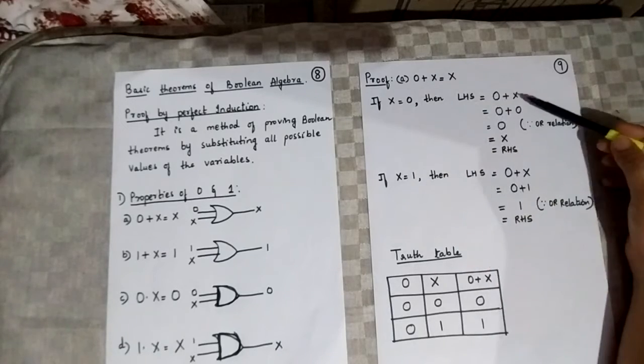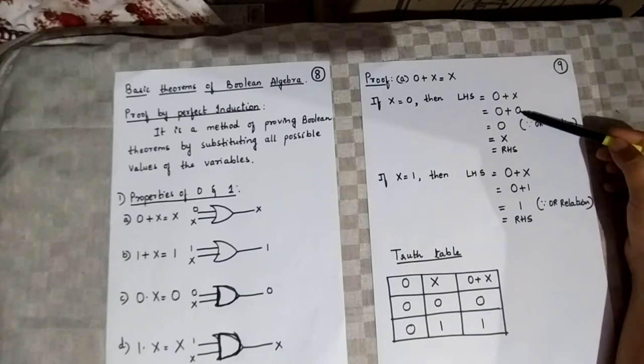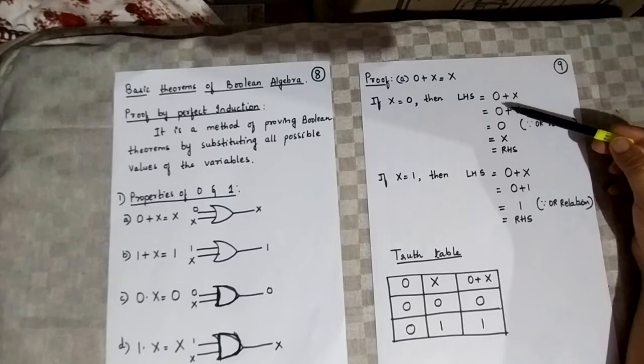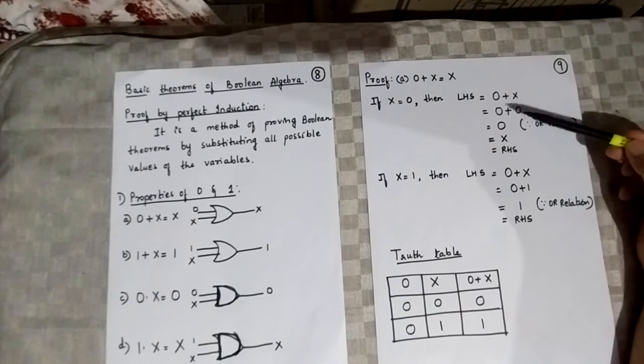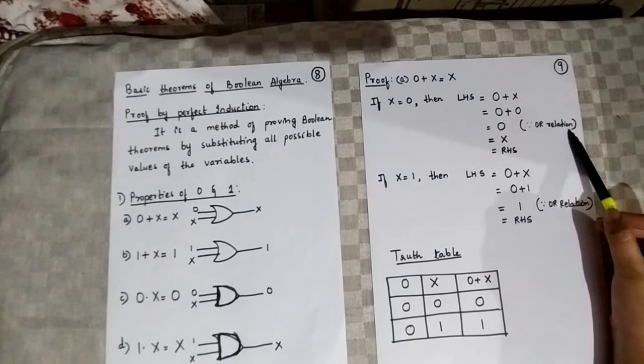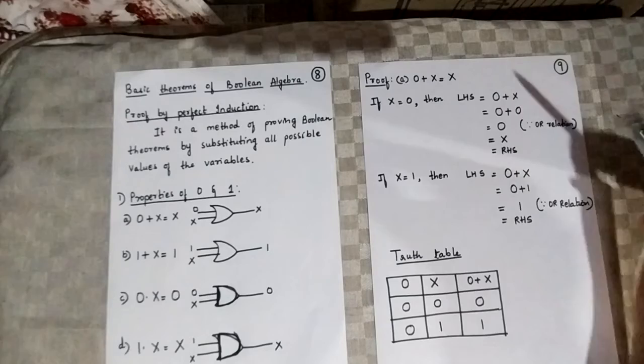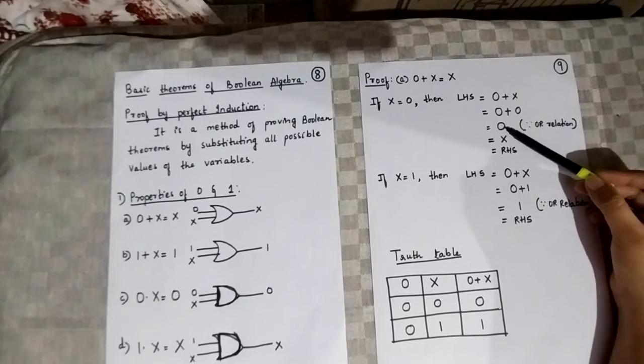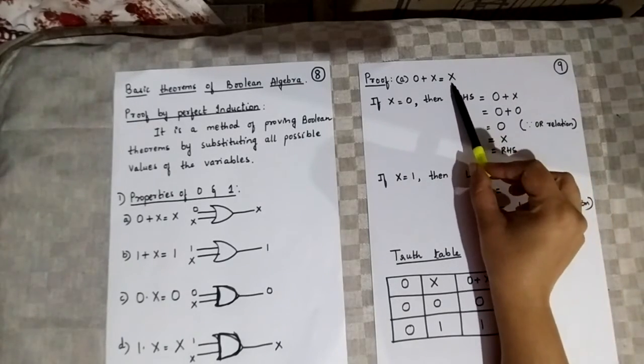Here we have taken 0 as the value of x. Substituting the value of x as 0, it becomes 0 plus 0, which is going to result in 0 with the OR relation, giving this as the reason for this result. Now we have got 0 over here. But what we need to get on the right hand side is x.